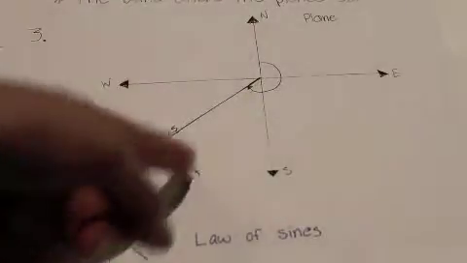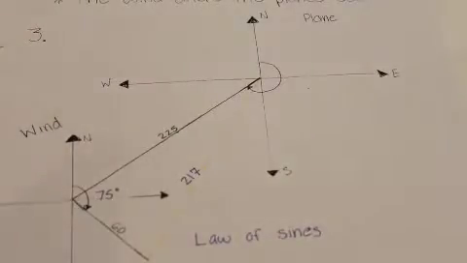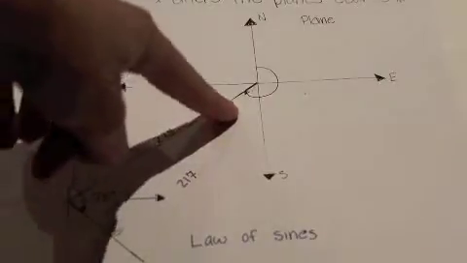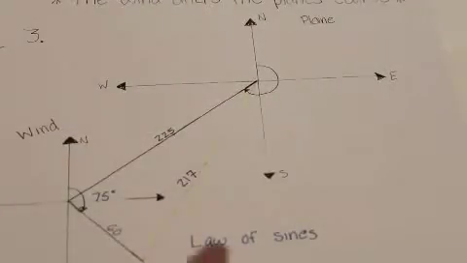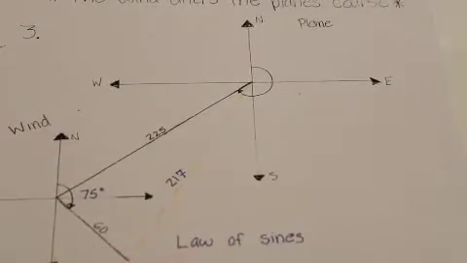So, now we know that the actual course of the plane is 217 feet per hour, but we don't know the bearing yet. So to find the bearing, we first need to find the tip of the triangle. And to find the very top angle of the triangle, we are going to use the law of sines.